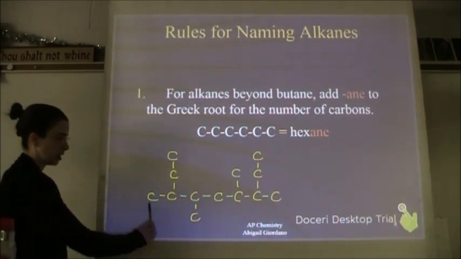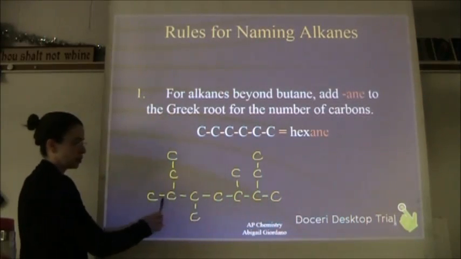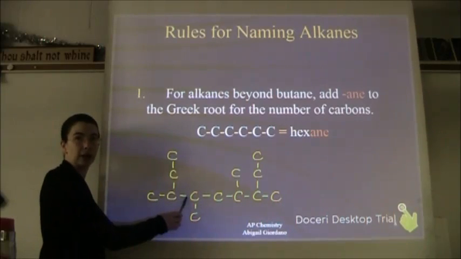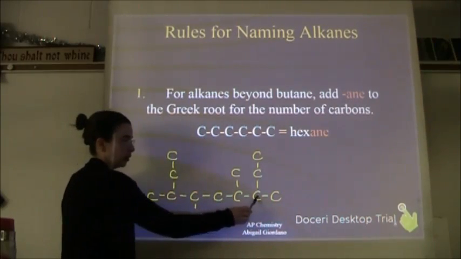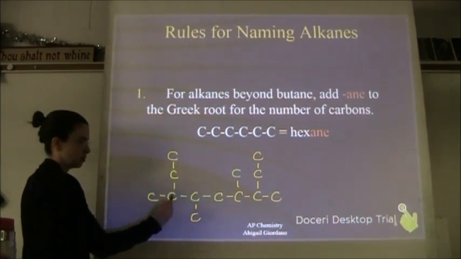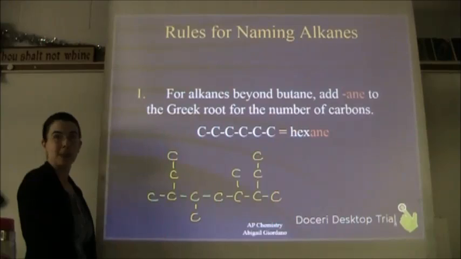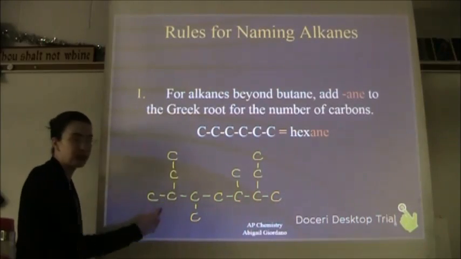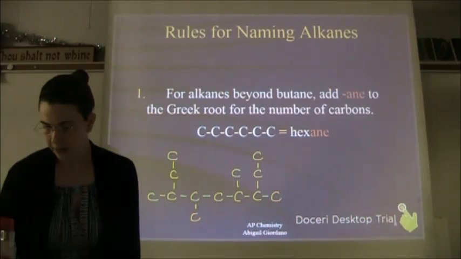You guys tell me, is that the longest chain? No, it's not. Here is the longest chain. How many is that? 1, 2, 3, 4, 5, 6, 7, 8, 9. What would the prefix be? Non. I'll even draw a little box around it.